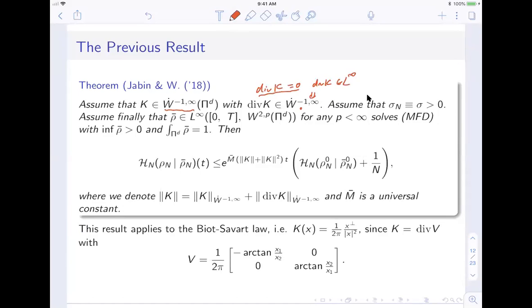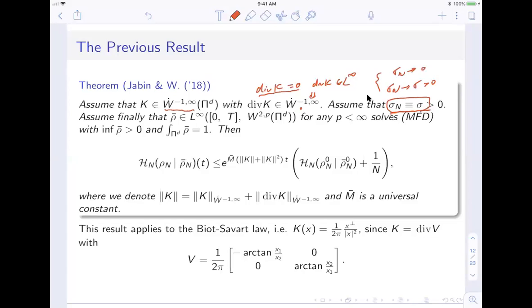Let's also assume theta n, the strength of noise, is fixed. You can change this a little bit, or change to the vanishing viscosity case with some technical details.